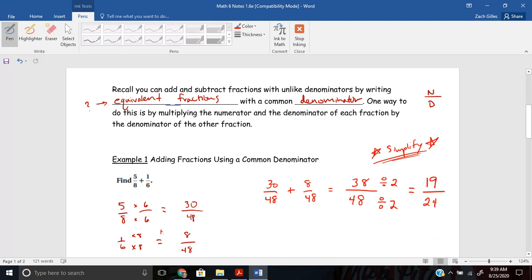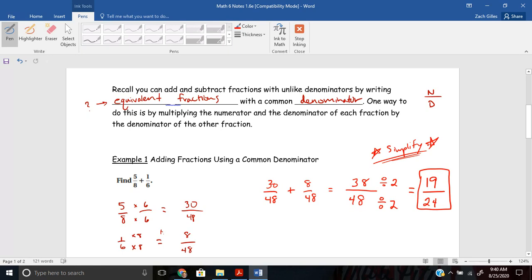Now, do 19 and 24 have any common factors? Well, the only factors of 19 would be 1 times 19. So neither of those are. 1 is our only common factor. So we are in simplest form. 19/24 would be our answer.